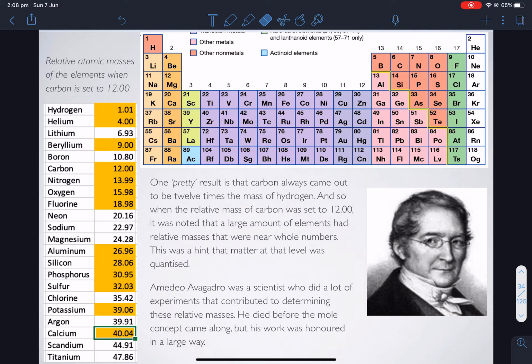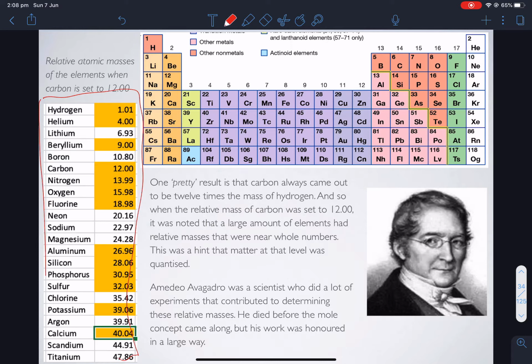So him and a few others, when they set carbon to equal 12 units, they found that the mass of hydrogen was 1/12 of that, and beryllium was 9/12 of that. So what I've done here on the right is this diagram. Let me swap back to the pencil.